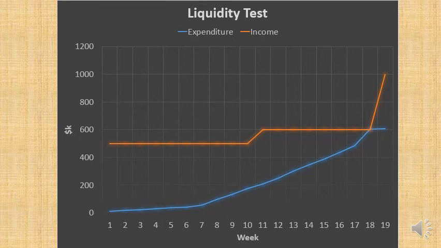But remember, the moment it dips below the blue line, then suddenly you're going to go bust. And this is why most businesses that go bust, that go bankrupt, this is why it happens. It's not because they weren't profitable, it's because they didn't have enough liquidity.